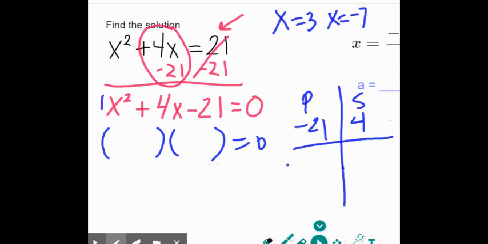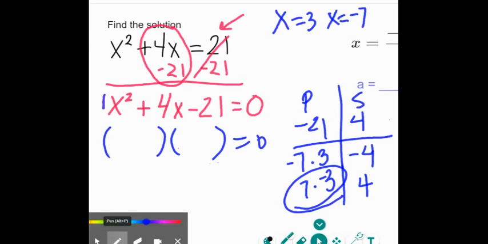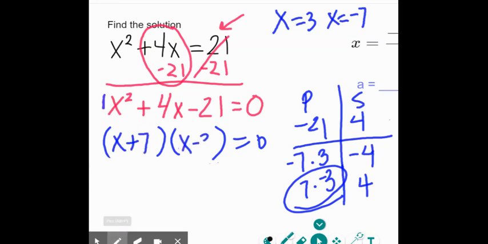Well, it's either negative 7 times 3 or positive 7 times negative 3. And when I add these together, I get negative 4, positive 4. So this is the pair that we want. So I would have x plus 7 and x minus 3 as my two factors. And then I would set each one equal to 0 and solve.